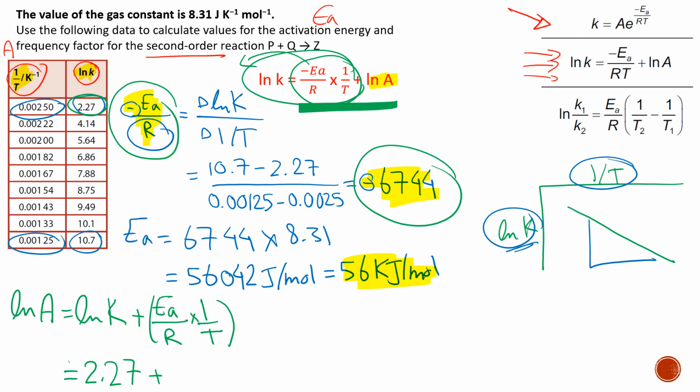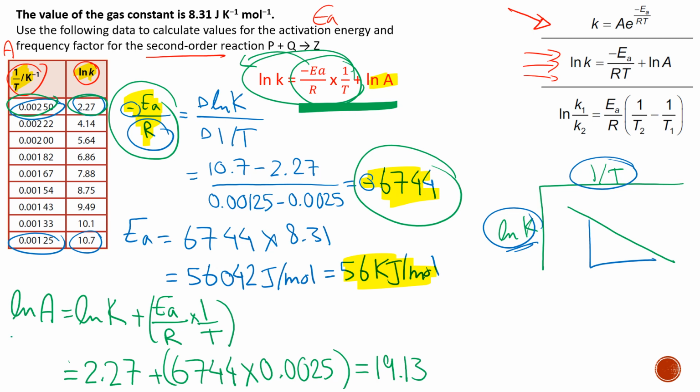So EA over R is equal to 6,744 multiplied by 1 over T, which is 0.0025. Don't forget to use the brackets, otherwise you might get a wrong answer. If you put that in the calculator, you'll find 19.13.